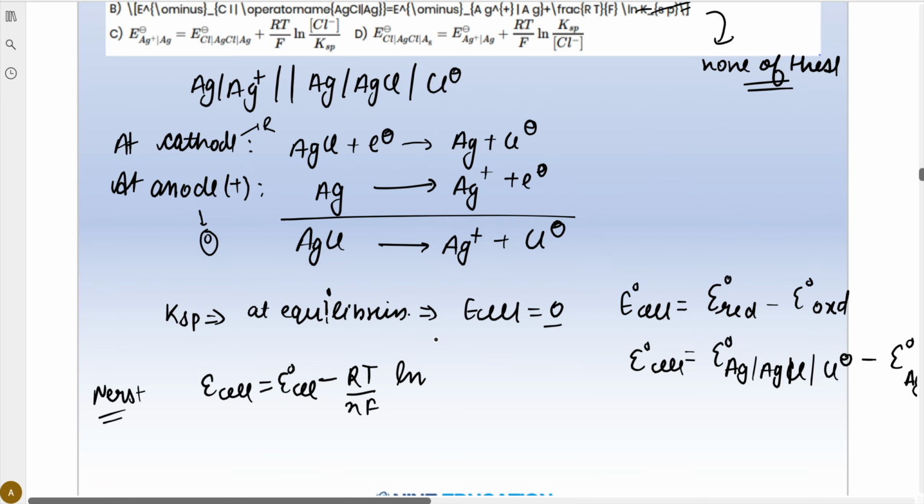Now the product concentration will be Ag positive into Cl minus. This is only the Ksp, divided by AgCl, which is always solid, so you take its concentration as 1. So this value is known as the Ksp value.